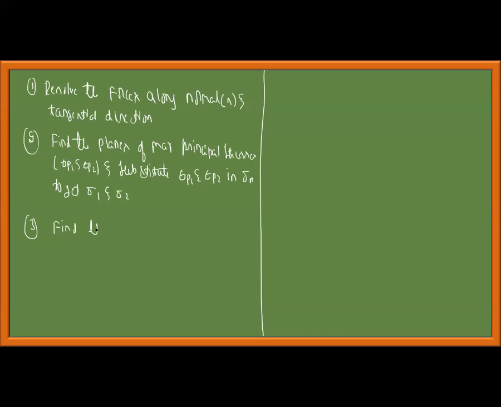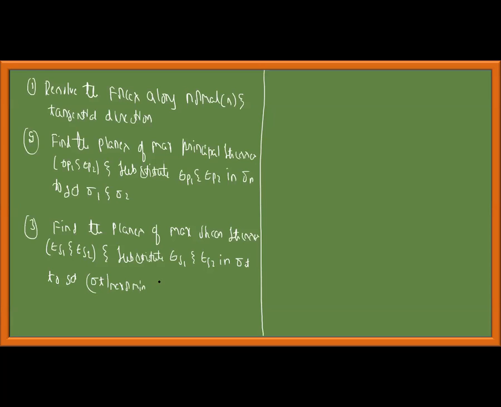Find the planes of maximum shear stresses, theta S1 and theta S2, and substitute theta S1 and theta S2 in sigma T to get sigma T max or minimum, or tau max or tau min.